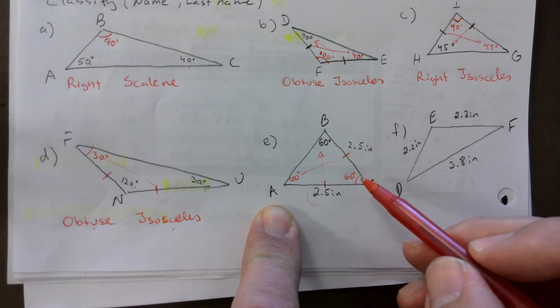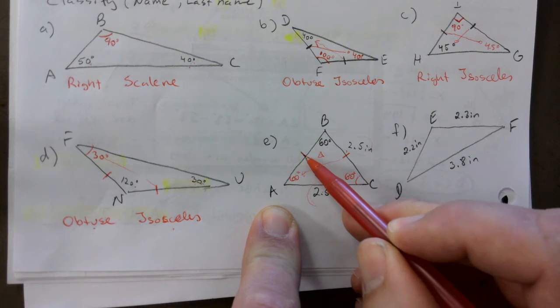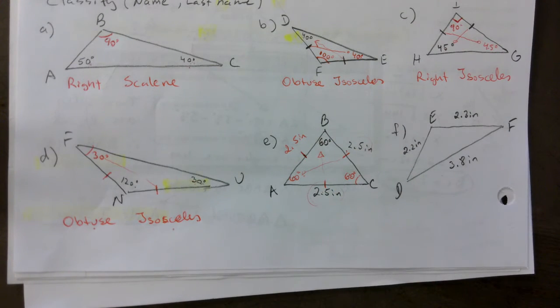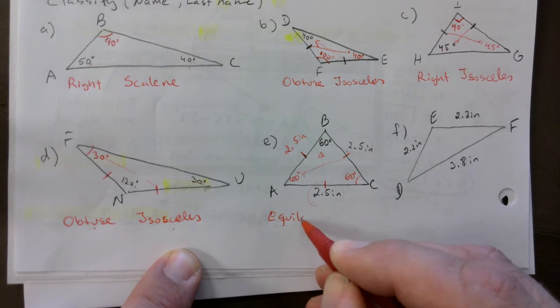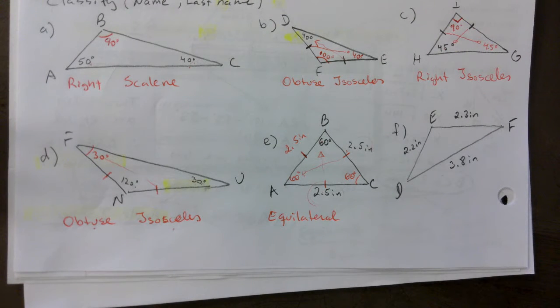That concludes that if all three angles are the same, then all three side lengths are also the same. I'm just putting as much information as I can on there, and then you just call this an equilateral. That's the one you don't need two names for. It's just equilateral. You can say acute equilateral, I won't mark it wrong, but this is the one you don't need two names for.